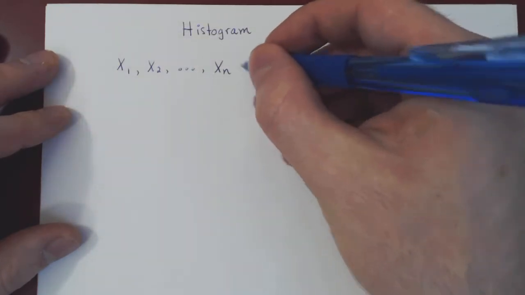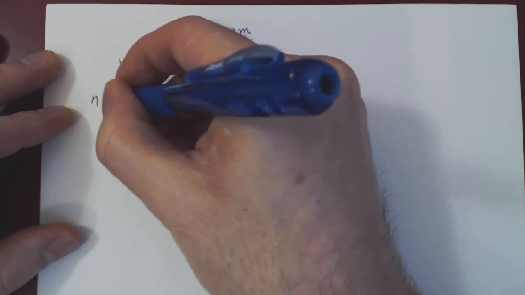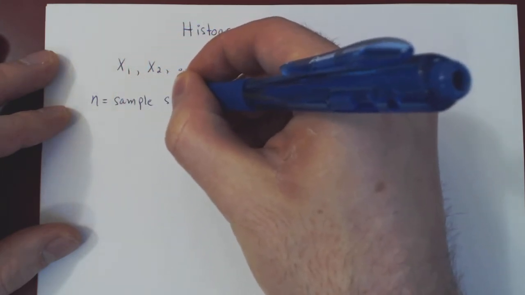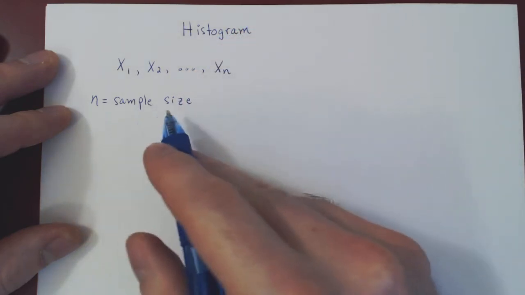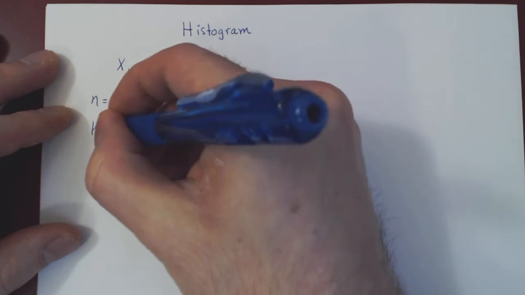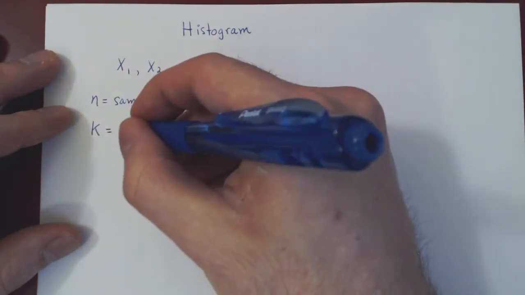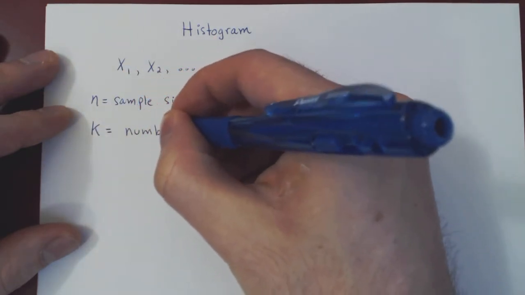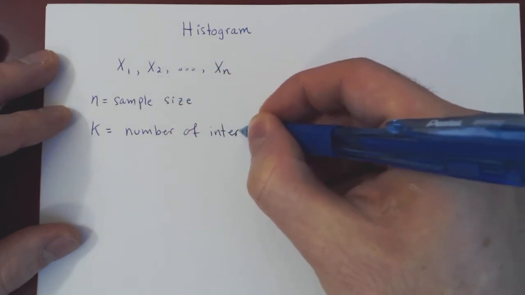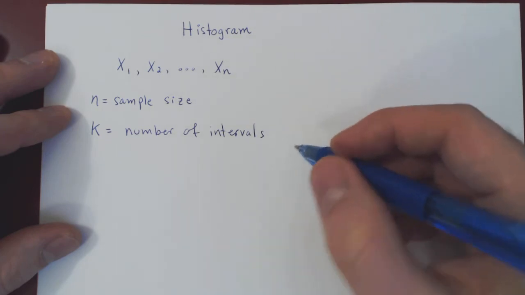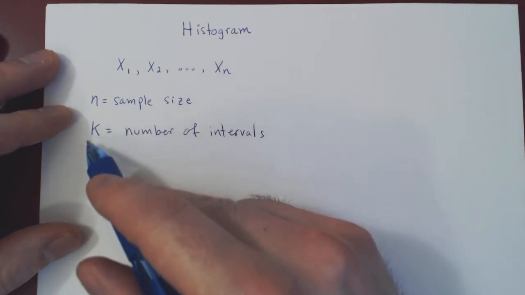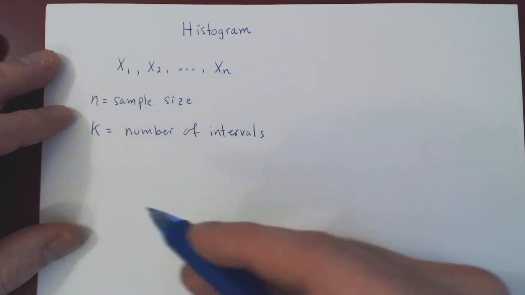Well, our sample size here is n, the number of values observed, and k will be the number of intervals that we will construct. There are a lot of different ways to find k as a function of n. We'll take the simplest way.